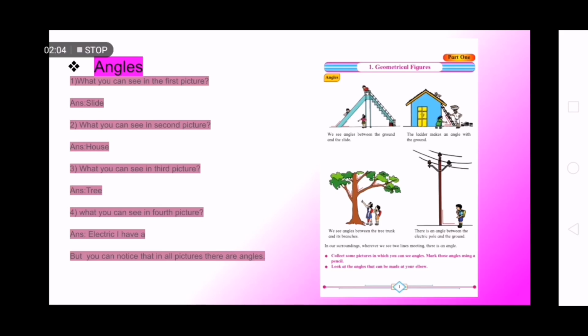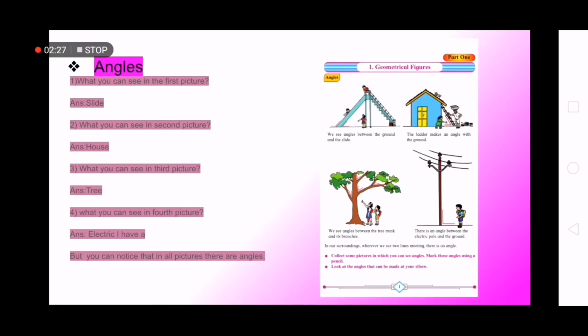In the third picture you can see a tree, and the sister is showing her brother, see here on the branches we can see different sizes of angles. It is so beautifully carved.